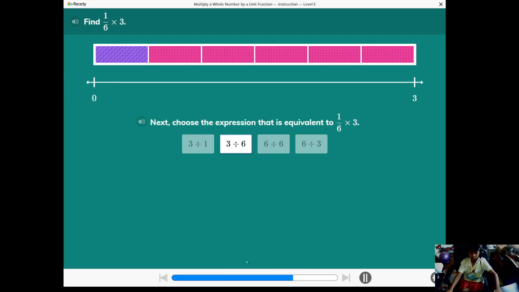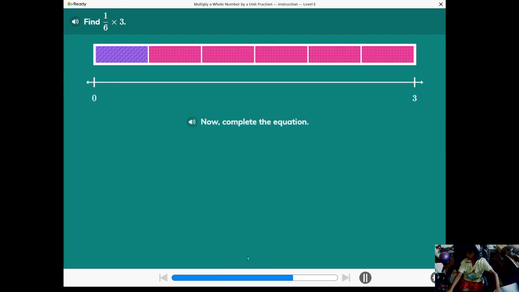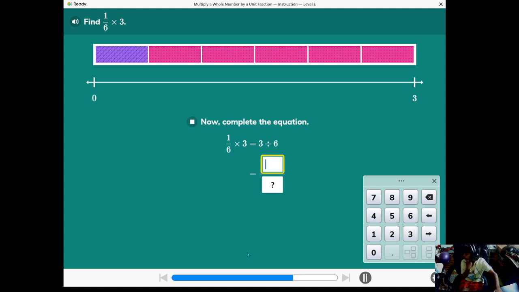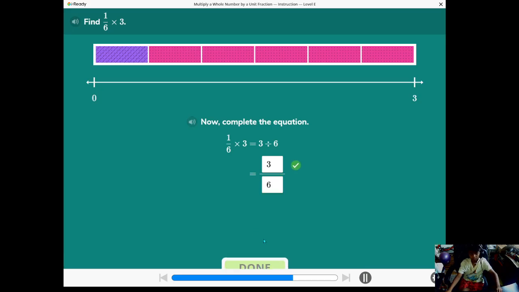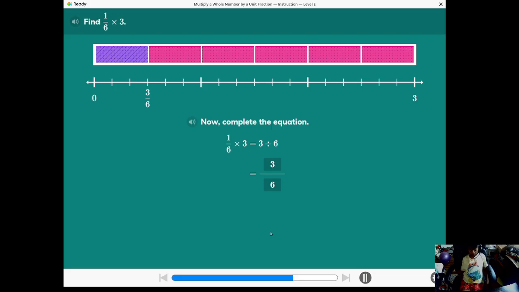Great! Now complete the equation. One sixth times 3 equals 3/6.